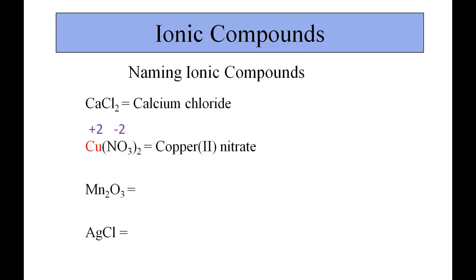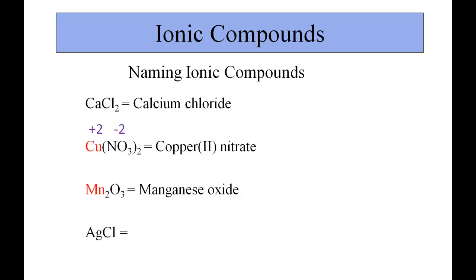Let's look at the next example. We have two parts again. We have manganese and we have oxygen. Now since oxygen is a monatomic anion, we end it with oxide instead of oxygen. So let's look at manganese. Manganese, if you look on your periodic table, will have more than one charge.